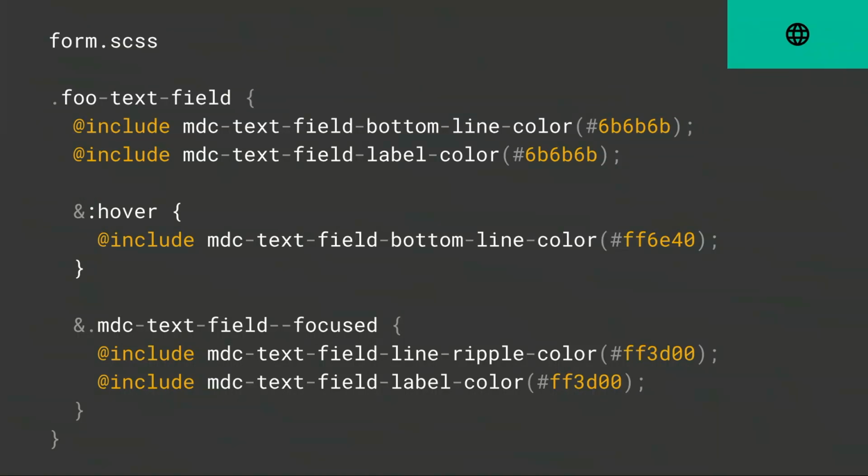In the middle, there's code to customize the hover state. And at the bottom, there's code to customize the focus state. Focus state is when the user actually clicks on the text field and starts entering text. Now, you can implement a lot of customization using these Sass mixins, and you don't have to worry about all the choreography of all these color changes.